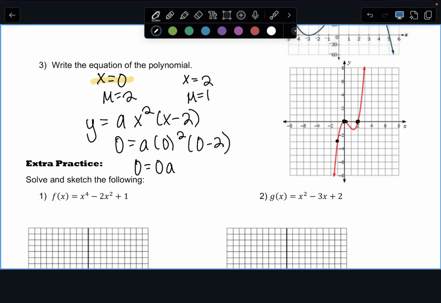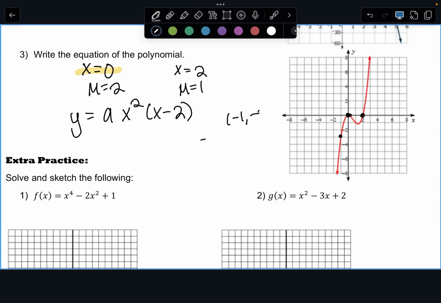Pick any other point. In this case, let's pick this point that they already drew on there for us. Let's pick -1, -3. So if I use this point, y is -3, x is -1.